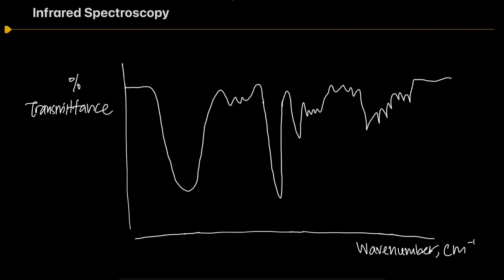So what you can see here is an IR spectrum. The absorption bands are these. We have already learned about this in the previous video. You can see the absorption bands have different wave numbers on the spectrum.